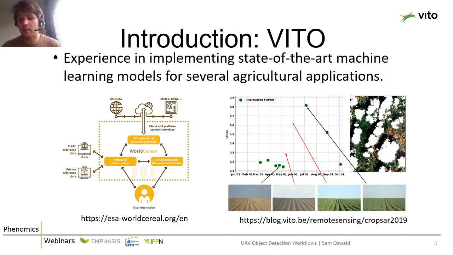So you often have a lot of cloud cover, which can make it difficult to assess your plant health at different dates. And these kind of models, which are implemented within platforms such as Watch It Grow, can be useful for making a more robust plant health prediction.